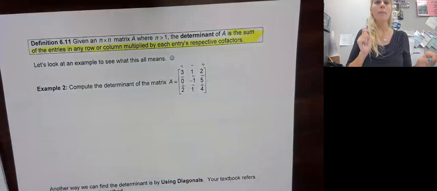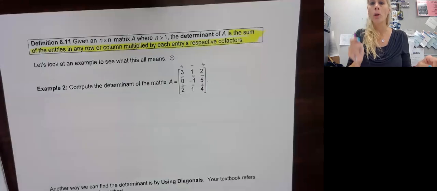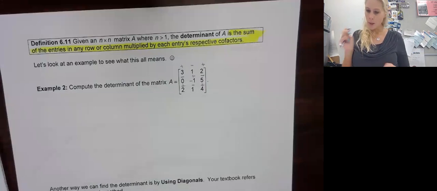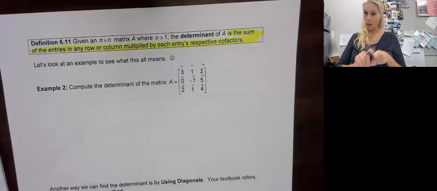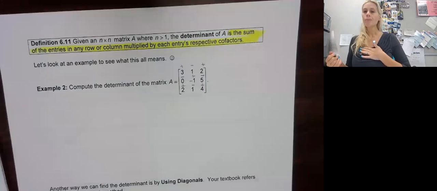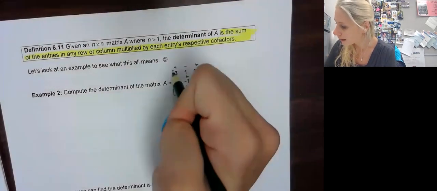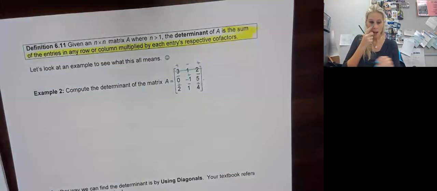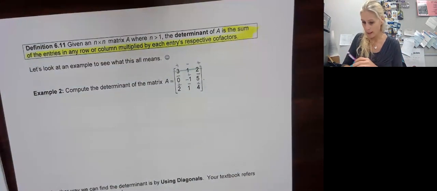Now, the sum of the entries in any row or column multiplied by the entries' respective cofactors. Okay, so what does that mean? Well, here's a great way to do this. Pick one row or column. I would suggest always sticking with the same thing so that way you don't get confused. Now, if I pick row 1, right, I'm going to start with my 3.